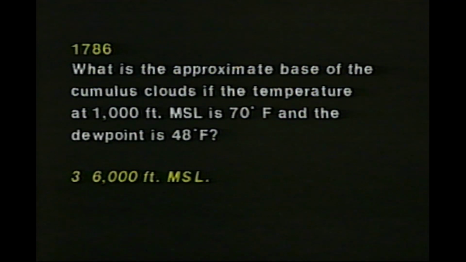They tell you that the temperature at 1,000 feet MSL is 70 degrees and the dew point's 48. So 70 minus 48 is 22. And if you divide 22 by 4.4, you come up with 5. Well, that means it'd be 5,000 feet above where that was measured, and it was measured at 1,000 feet MSL, so at 6,000 feet, and that's answer number 3.